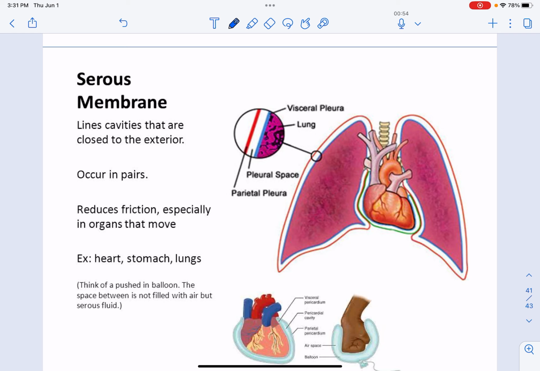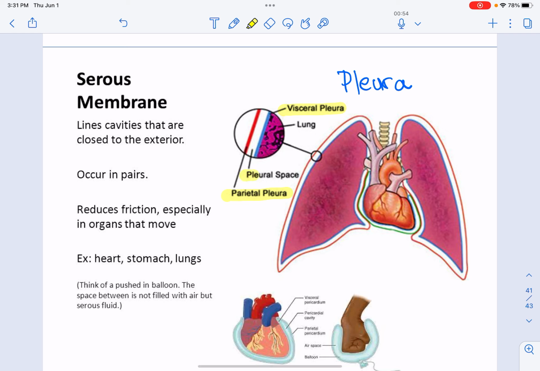So if we are looking at the serous membrane that is covering the lungs, this is called the pleura. That is the specific membrane surrounding the lungs. We have what's called a visceral pleura, which is the membrane closest to the organ, and we have a parietal pleura, which is the membrane further away.